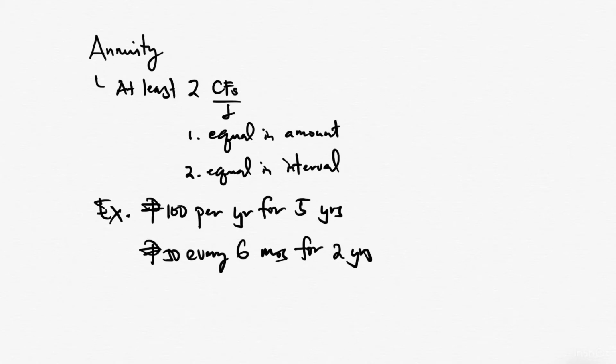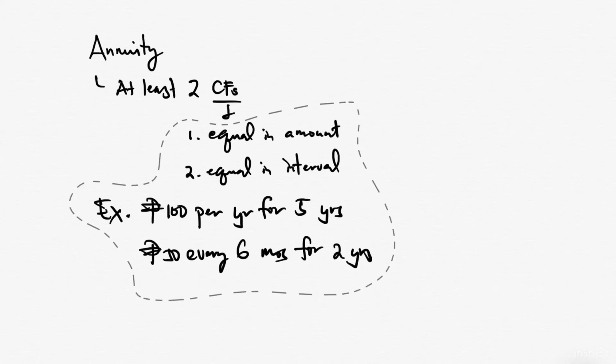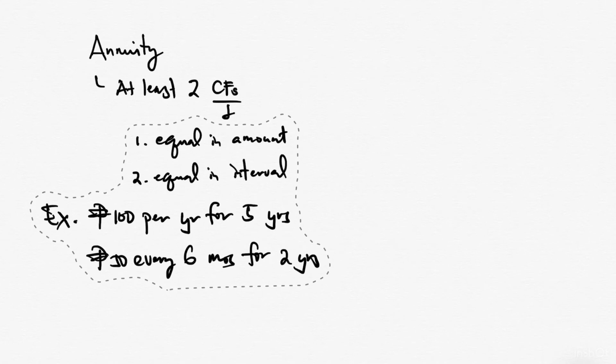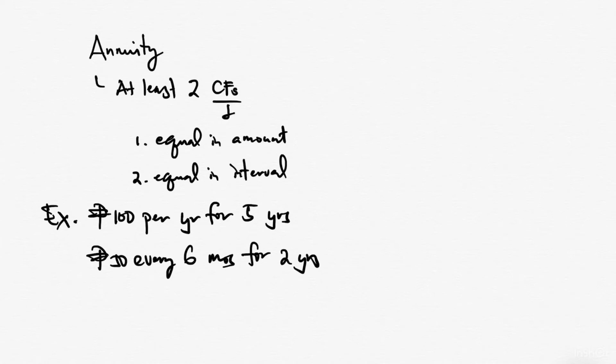Alright, so that's the setup for annuity. Again, the setup for annuity is you need to have at least two cash flows, and the cash flow should be number one, equal in amount, and number two, equal in interval.